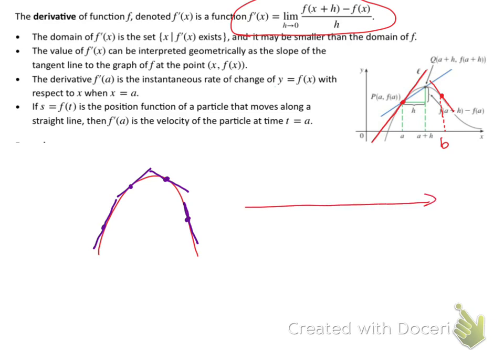Here's your particle. It goes here, here, here, back and forth, or maybe just one way, doesn't matter. The velocity, meaning speed but with direction, positive or negative, of the particle at any time, how fast this particle moves, is the derivative.